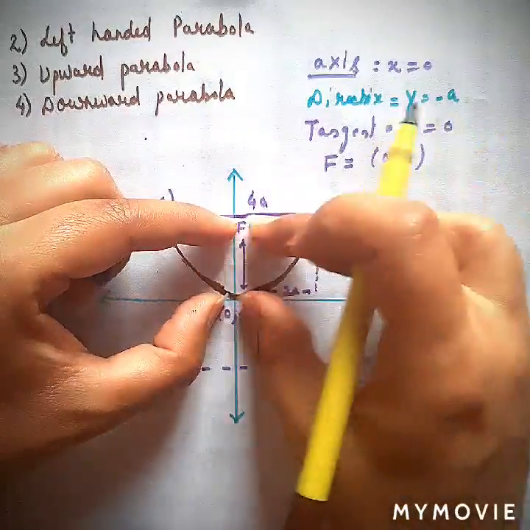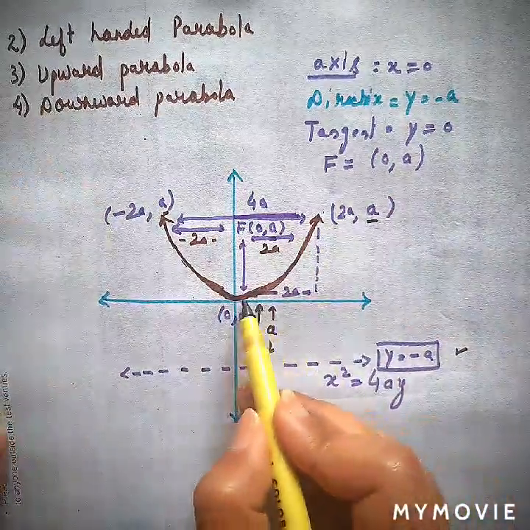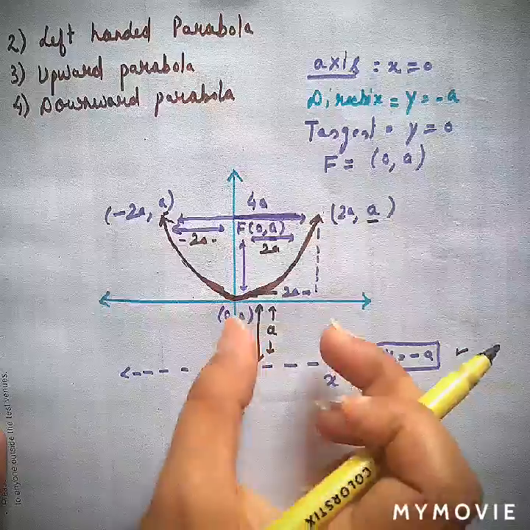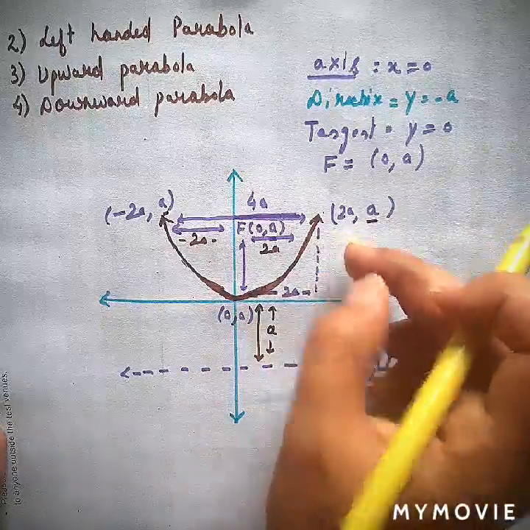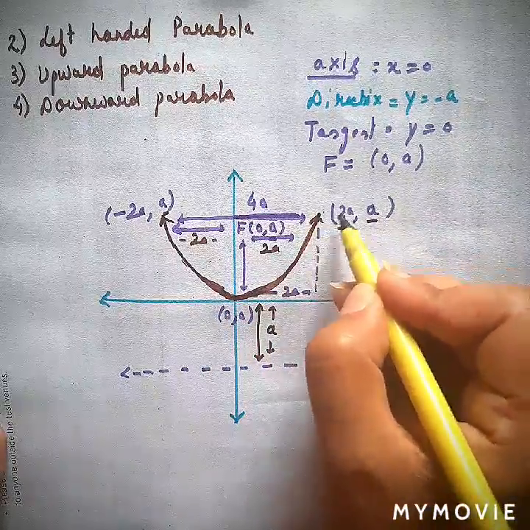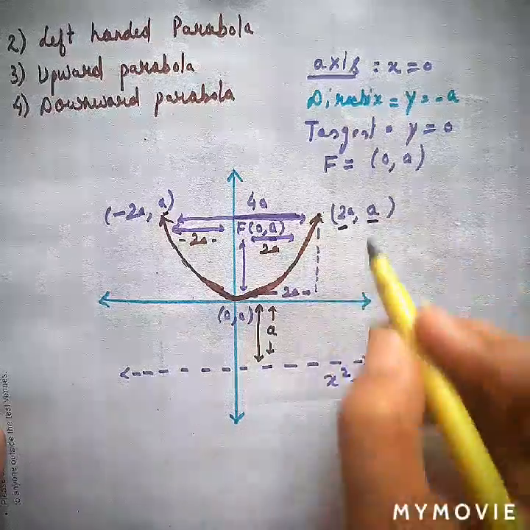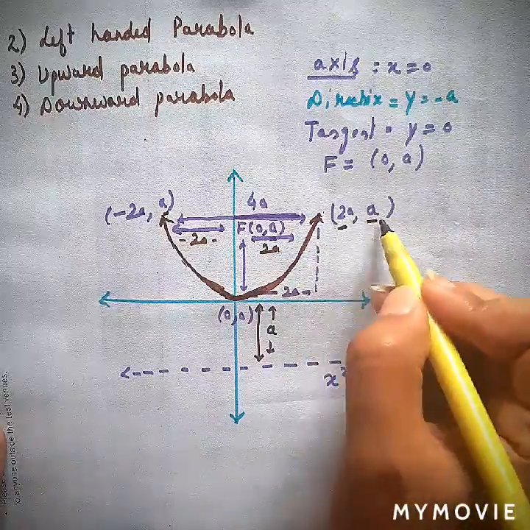This distance is equal to a, and this distance is equal to 2a, so this x-value will be equal to 2a. So the end of the latus rectum on this side will be 2a.